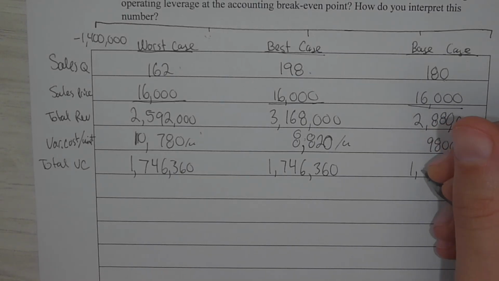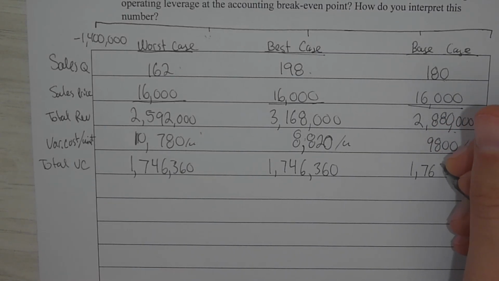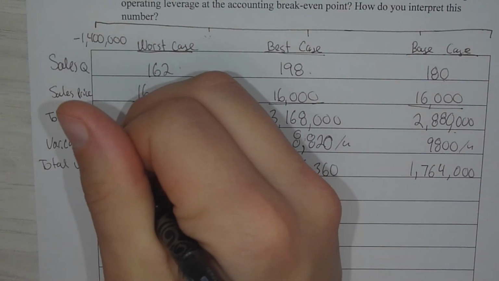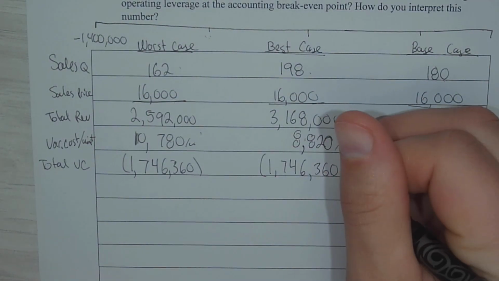And here we have 1,764,000. So these can be reduced from our revenue.